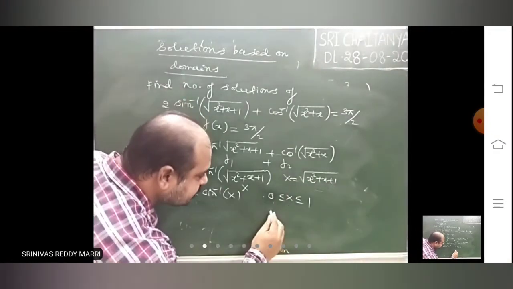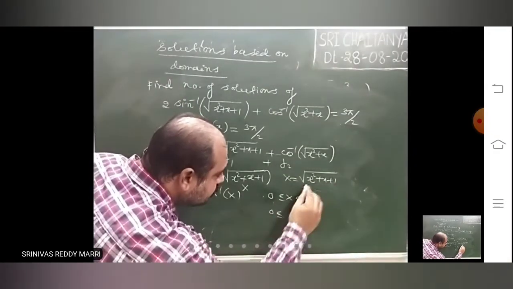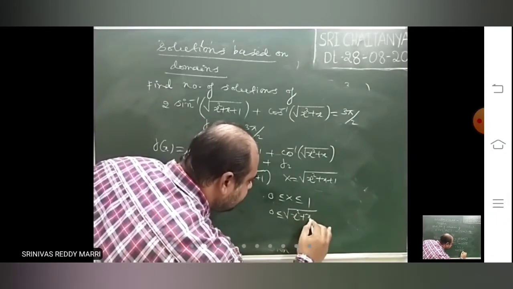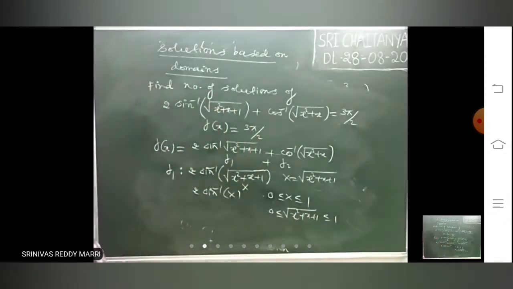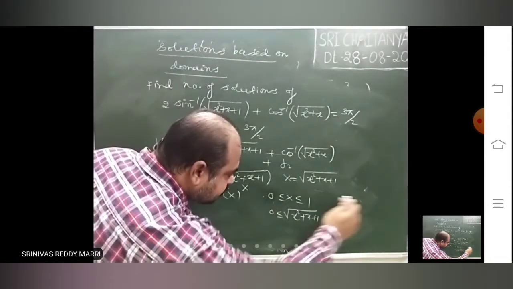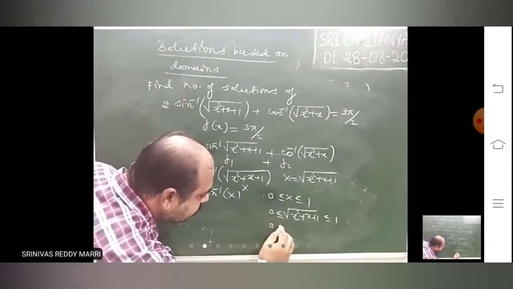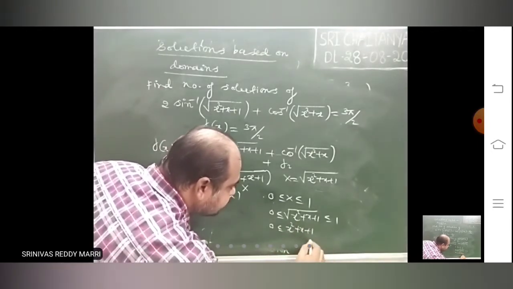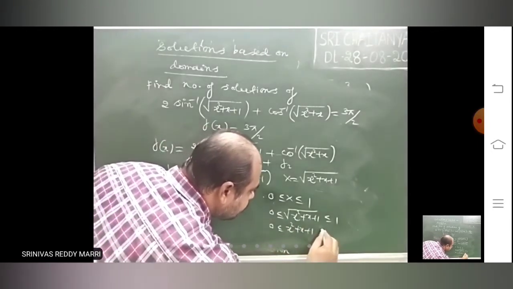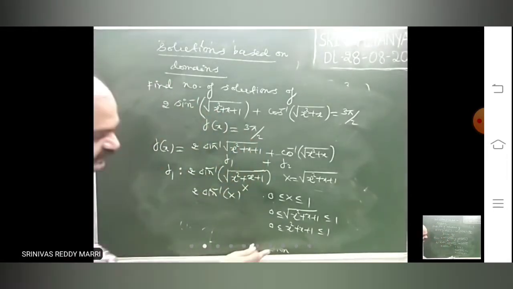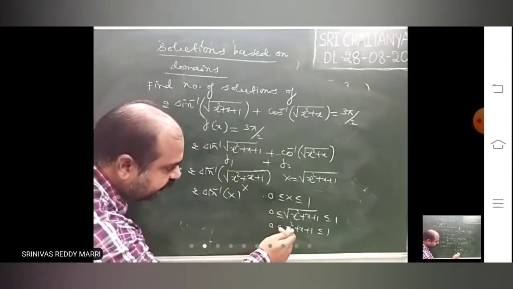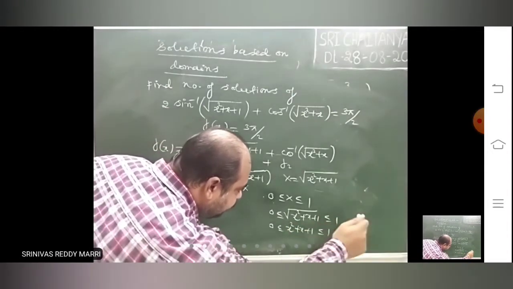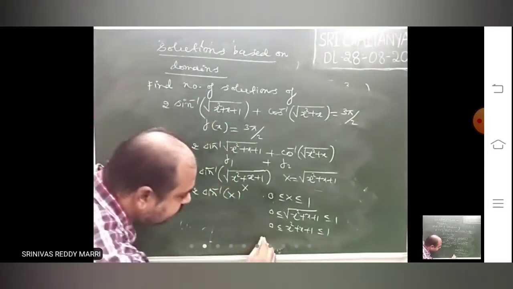So now substitute this. It must satisfy this inequality. So 0 less than or equal to x square plus x plus 1 less than or equal to 1. Now I am subtracting 1 completely.